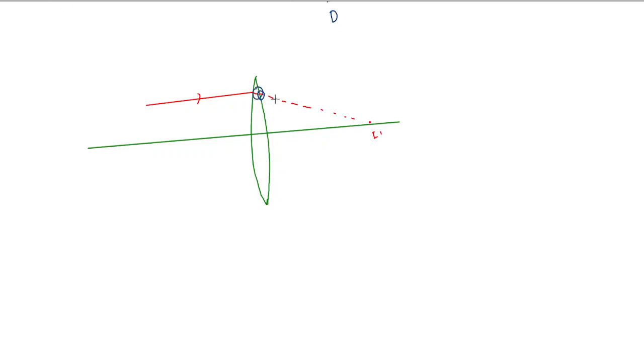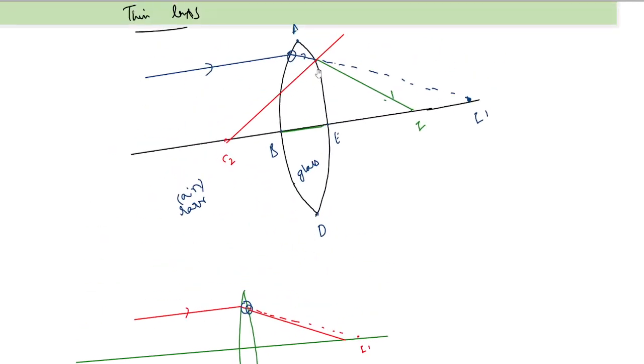So the deviation between this light ray and where it actually ends up going is negligible because of the small distance involved.